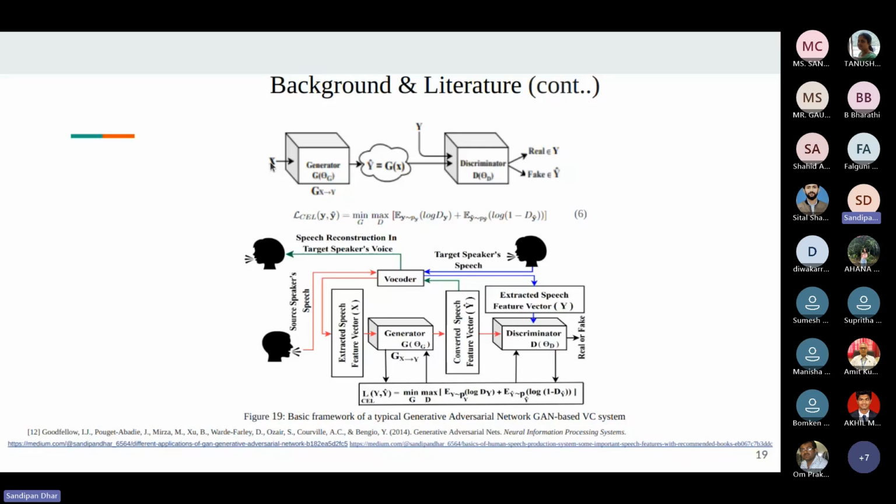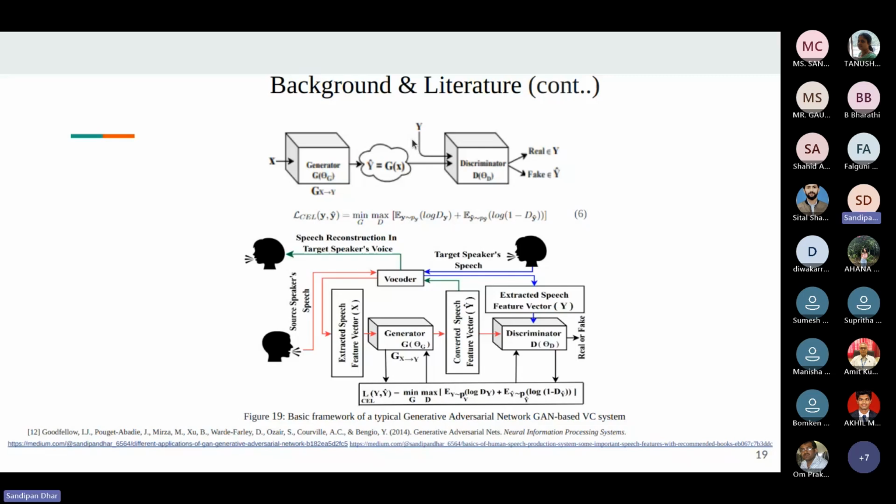Now the discriminator, which has already been trained with the real Y, the original Ys, tries to distinguish between the generated Y hat and the Y. When these two features become very similar and indistinguishable, we say that we have obtained the Nash equilibrium state, because of which the discriminator is unable to understand whether the generated feature belongs to the real class or the fake class.